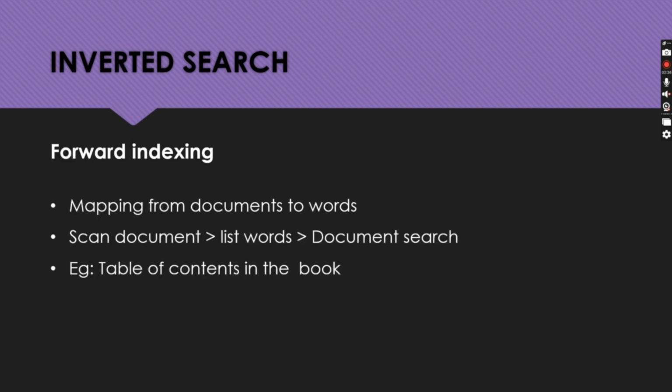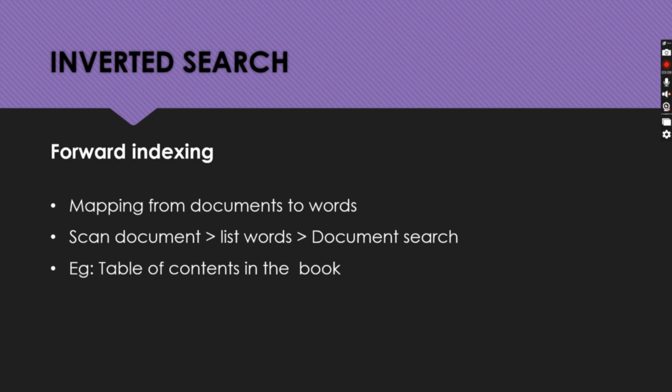And forward indexing is somewhat different from inverted indexing. In forward indexing, it will scan each document. First it will scan a document and create a list of unique words from that document only, and then it will go to the next.